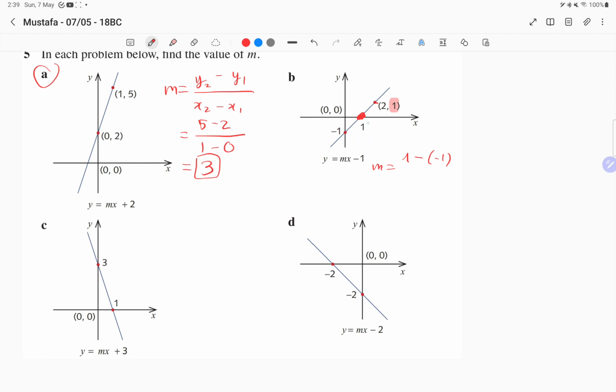So let's say we were to use this point, which is 1, 0, then the y coordinate will be 1 minus 0, over 2 minus 1. Is that the correct order? That's the correct order, yes. The other one would give you the same answer, but it's just a bit harder to work through.